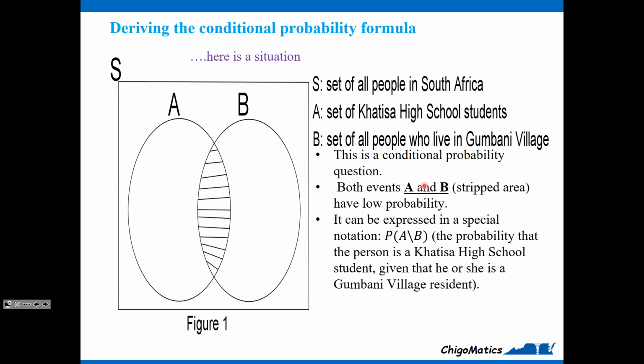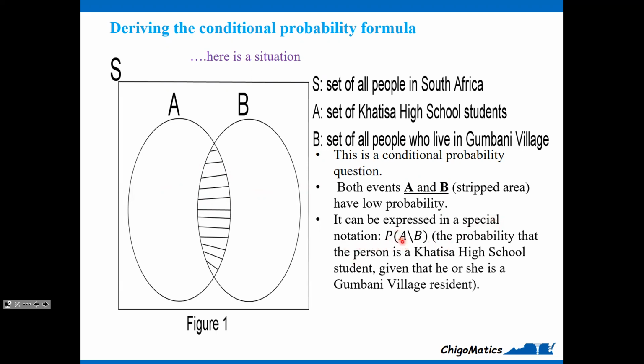Therefore, to answer our question, which requests us to find the probability that the person who is said to be in Gumbani is a Katisa High School student, we can write that in a special notation.